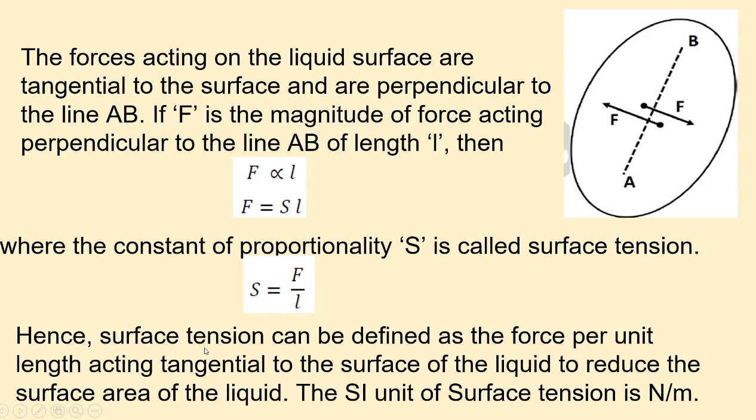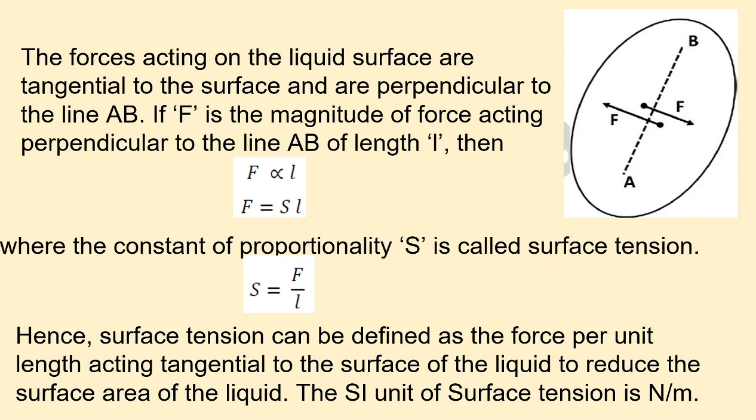So surface tension can also be defined like this: it is the force per unit length acting tangential to the surface of the liquid to reduce the surface area of the liquid. That means the force is acting parallel to the surface.